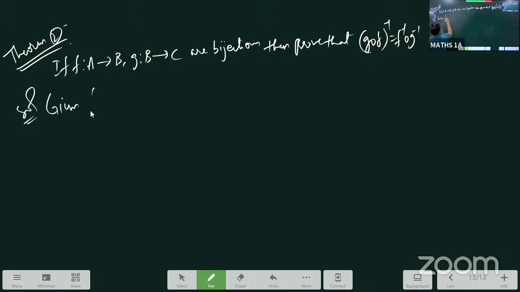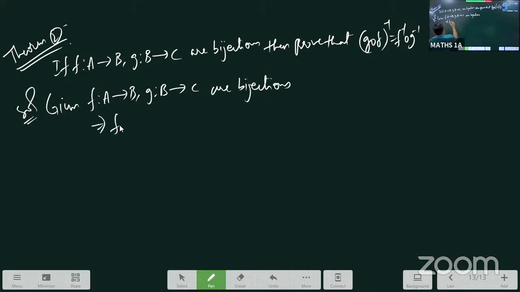Given f is a mapping from A to B, g is a mapping from B to C, and both are bijections. If they are bijections, what does it mean? That implies f and g are both 1-1 and onto.